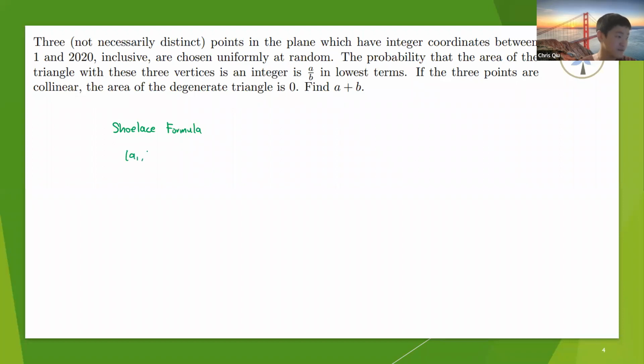And so what this says is that if we have a triangle with these 3 vertices, where (a1, b1), (a2, b2), and (a3, b3) are points in the plane, the area of the triangle made by these 3 points is 1/2 the absolute value of this thing.